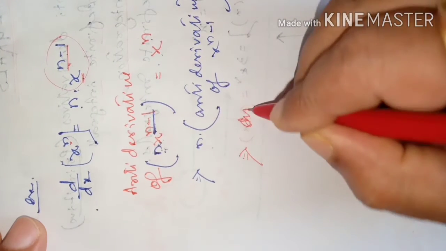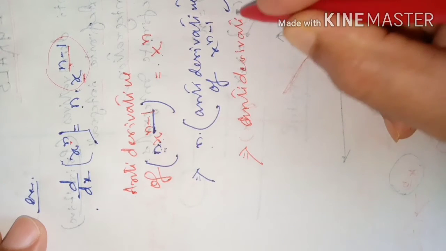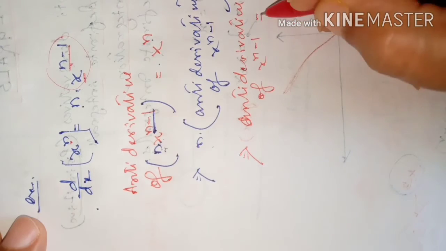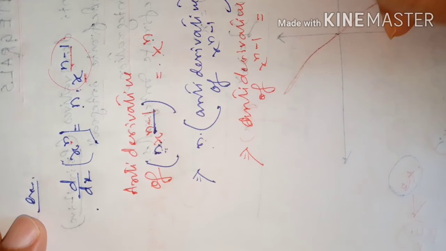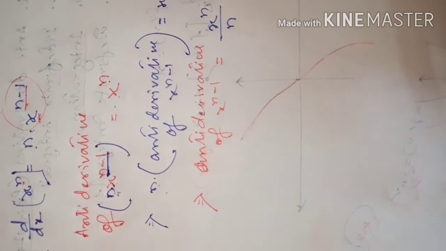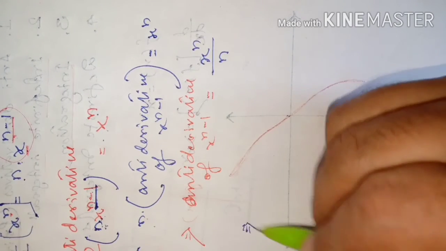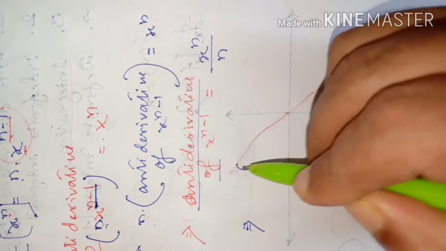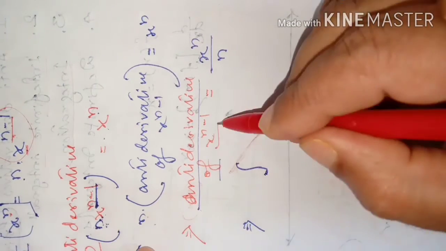So the antiderivative of x to the power of n minus 1 is equal to, this n goes there, that means it will come below x to the power of n. Dear students, try to understand the important point here. If this wording is confusing you, better you write like this. You put the elongated S symbol, then you write the integrand.